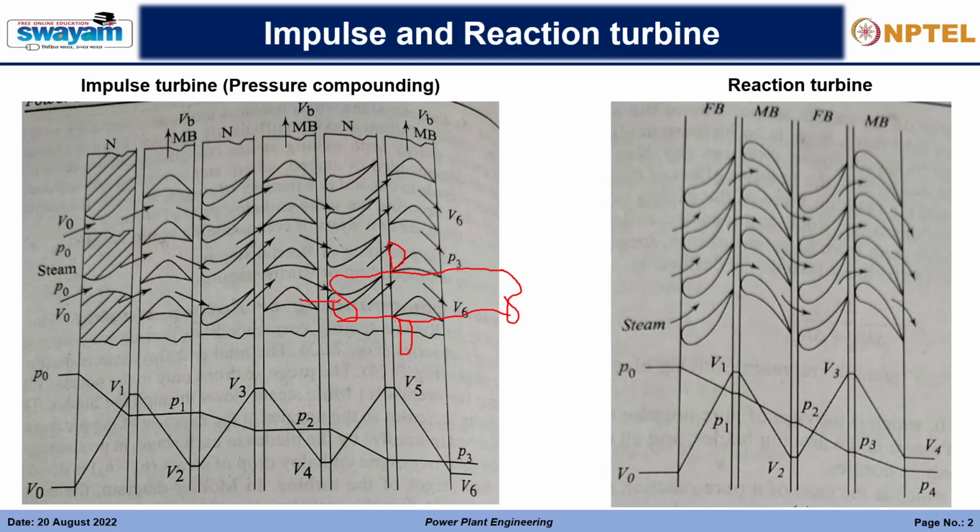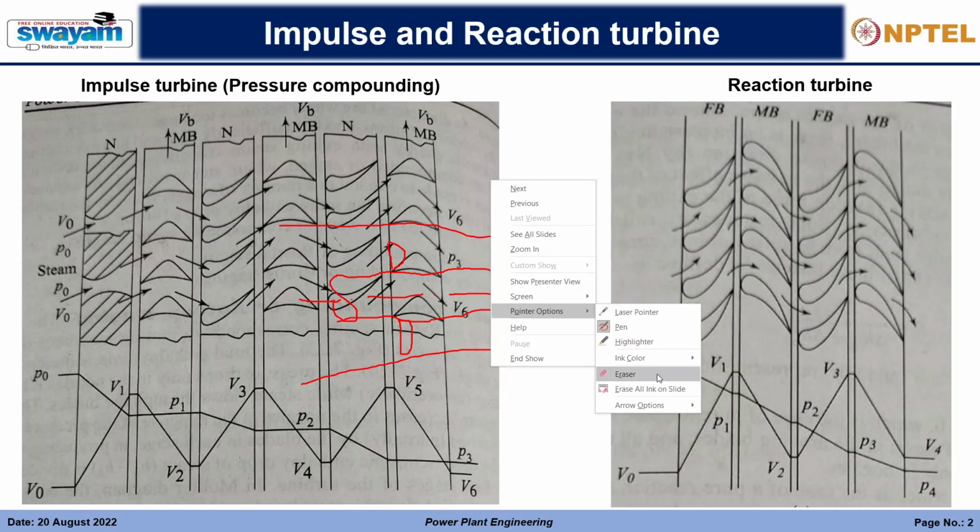This is the shaft axis. Now you are having a casing also.